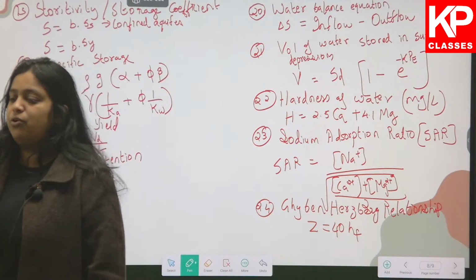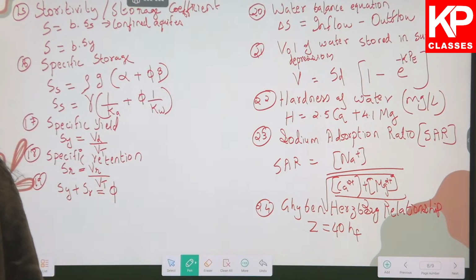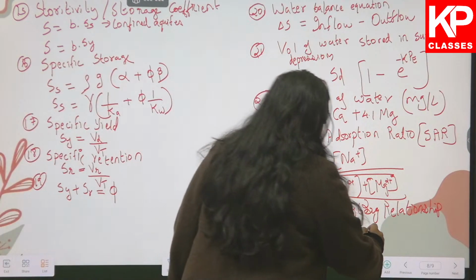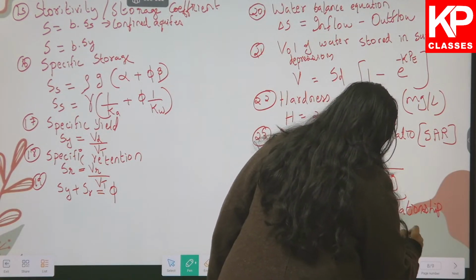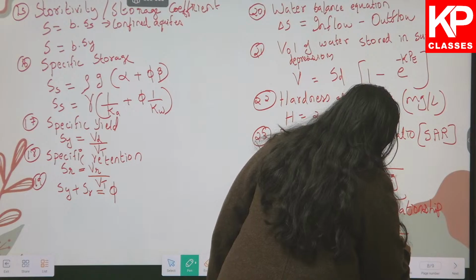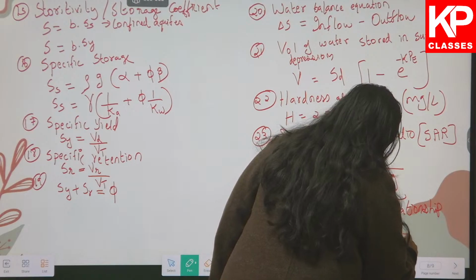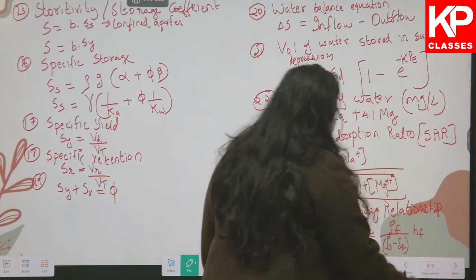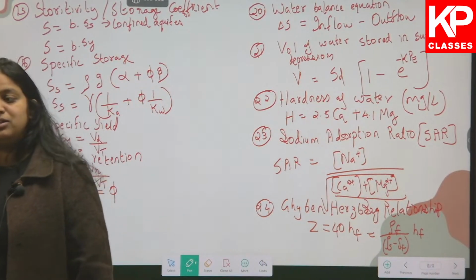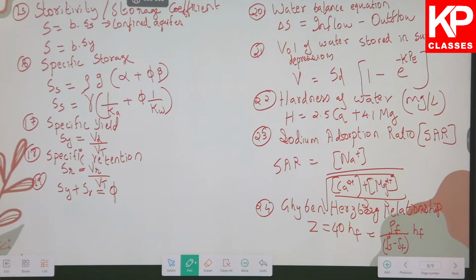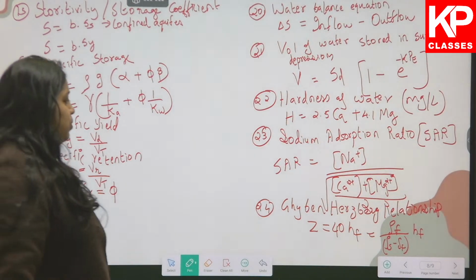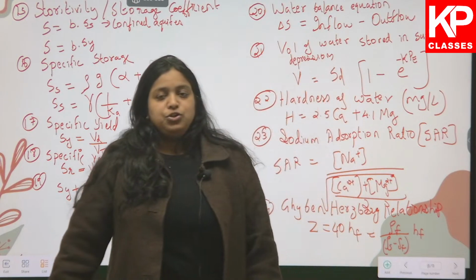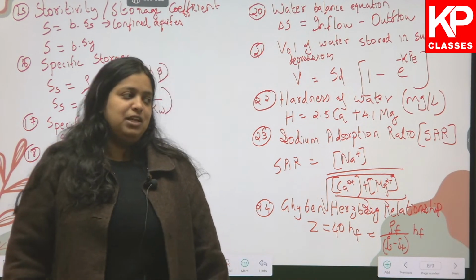This 40 is actually calculated by putting in the data. You can rewrite it as density of fresh water divided by density of saline water minus density of fresh water, into HF, the height of the water column from the mean sea level.